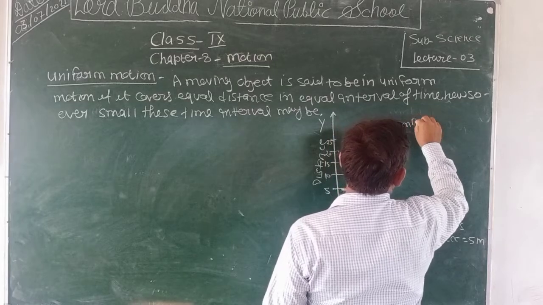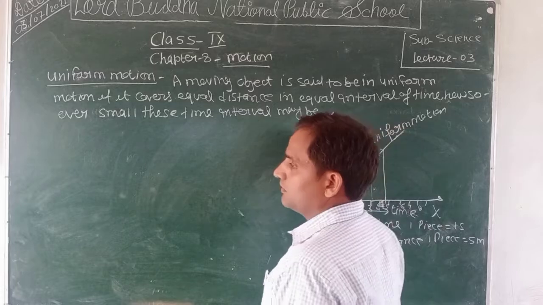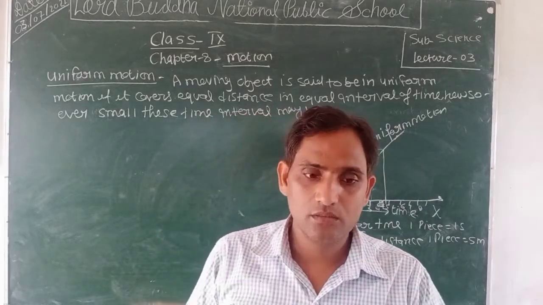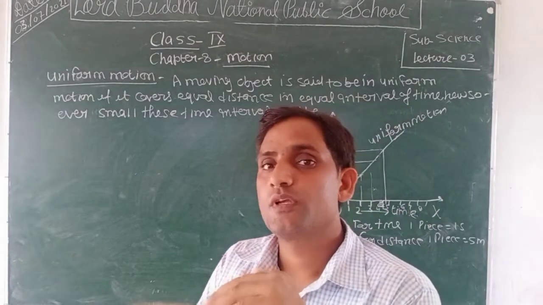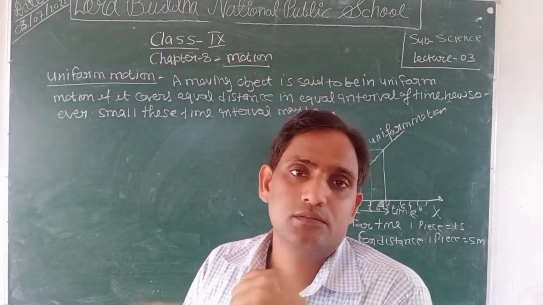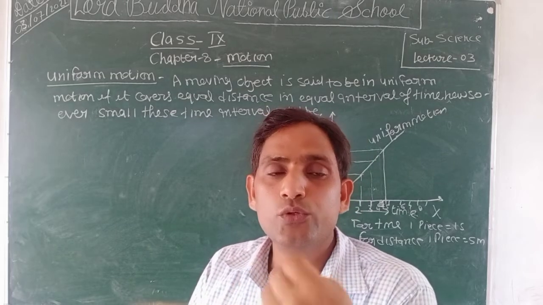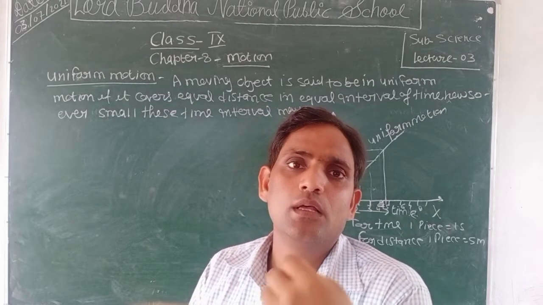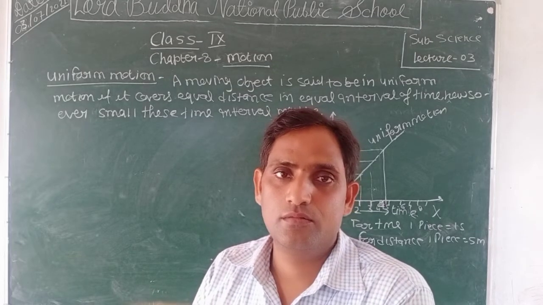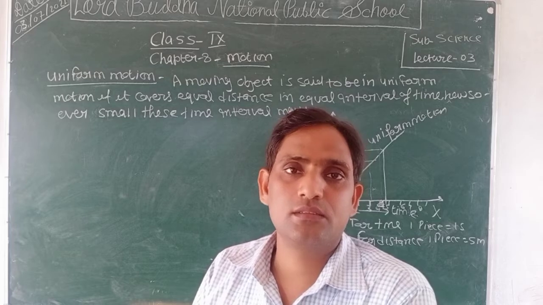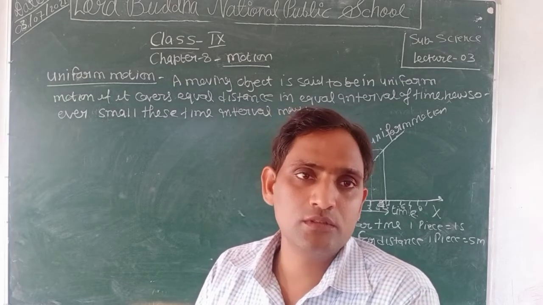Uniform motion. Clear? Means the object, for example, if you are running on a smooth road and you cover 100 meters in each second, in each consecutive second, then your motion will be uniform motion.